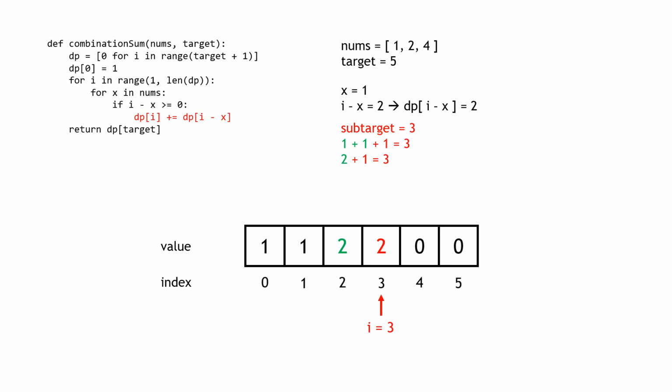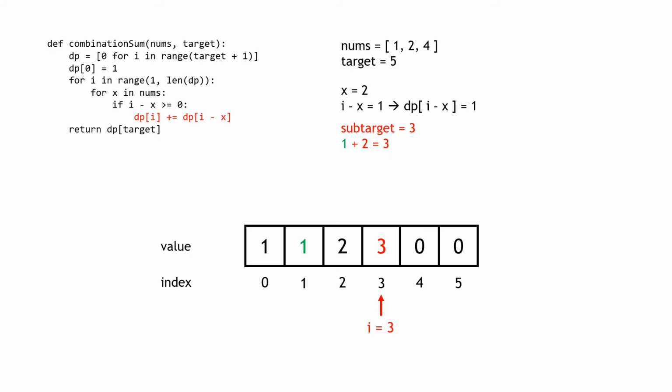Now let's move on to the next number of x equals 2. For x equals 2, I minus x is 1. So we're going to enter the if clause and add the quantity in the I equals 1 slot into this I equals 3 slot. In this case, the quantity is 1. Again, the reasoning for this is that there is one possible way to use the nums to sum to the subtarget of 1.